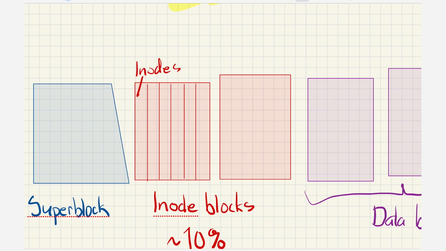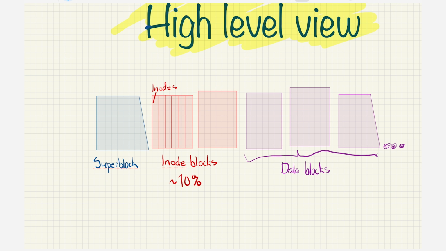So every file and directory on your file system will have its own inode, which contains the file name and size and where the data blocks are located, and so on and so forth. This is the high-level view, and it is the same high-level view as the Unix file system has. Everything in Unix is based on inodes, and every file will have its own.